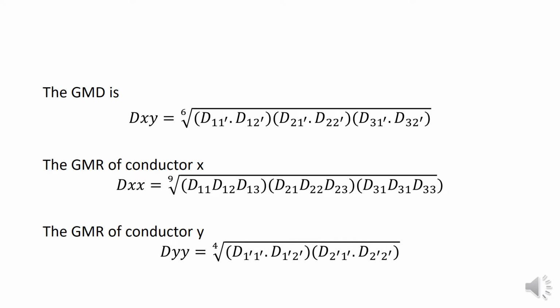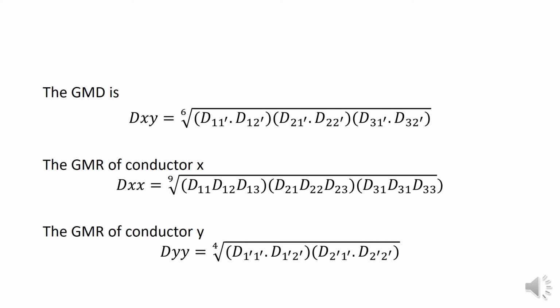I will show you how we can calculate the inductance of these. First the GMD. Can you remember what GMD is? GMD is geometric mean distance. When we have two conductors, conductor X and Y, there will be only one GMD, which we represent as dxy.